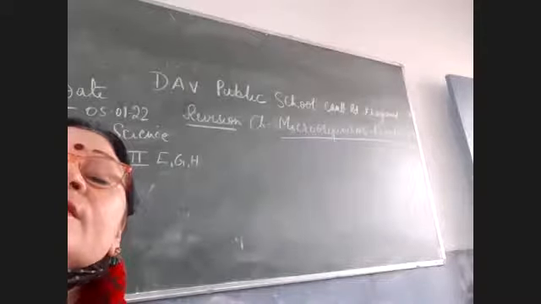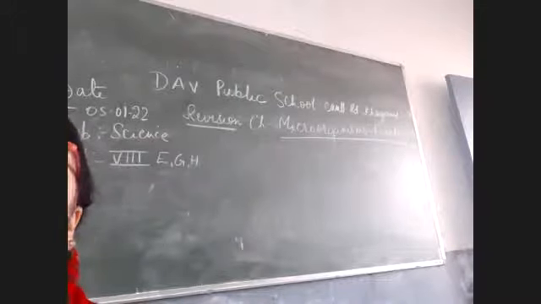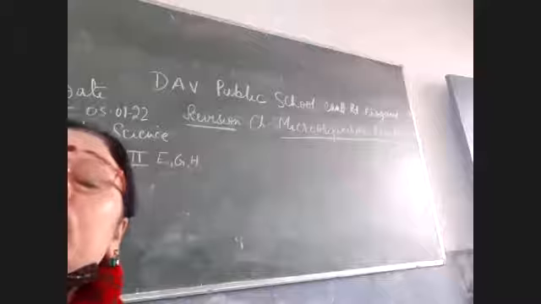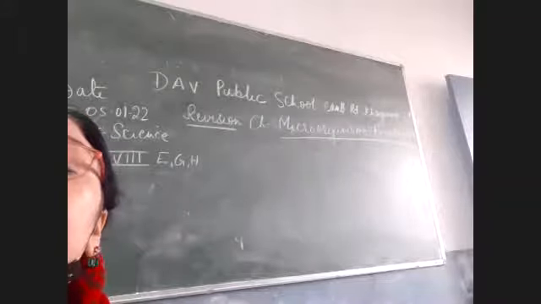Ma'am, some bacteria and blue-green algae are able to fix atmospheric nitrogen into useful forms of salts of nitrogen, and they are called biological nitrogen fixers. Can you tell me one name of a biological nitrogen fixer? Rhizobium. Yes, correct.